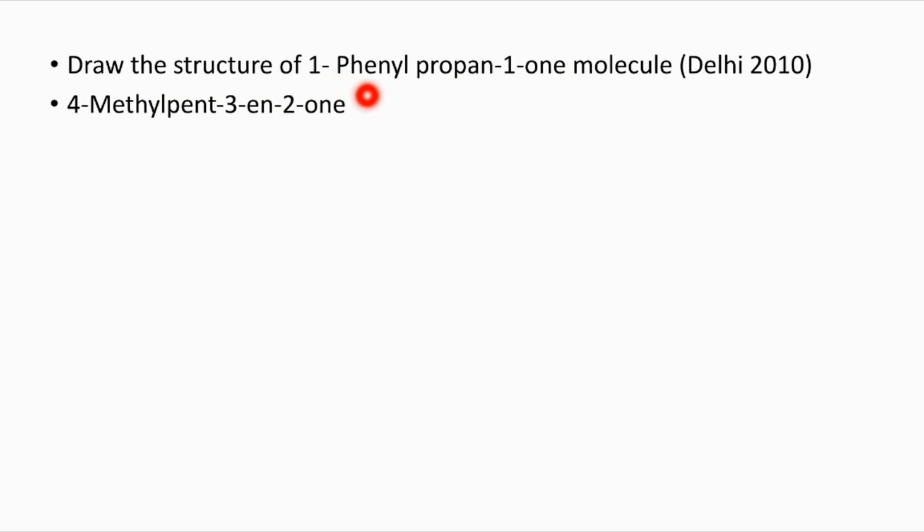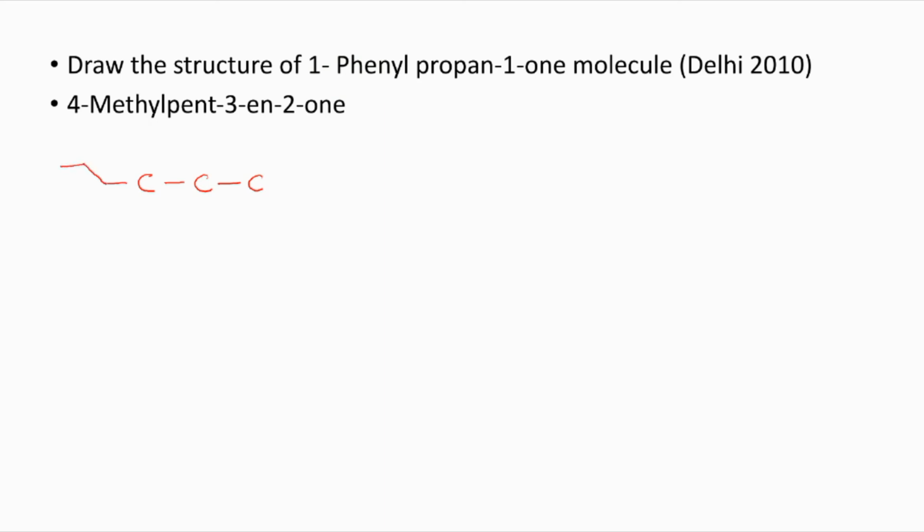Draw the structure of 1-phenyl propan-1-one molecule. So if you are getting a question like this, it is better we start from the root word itself. So in the case of the first compound, the root word is prop only. Okay, so write it. 3 carbon atoms we will have to draw as it is prop, right? And they are telling that to the first carbon atom, 1 phenyl group is attached. So draw that also.